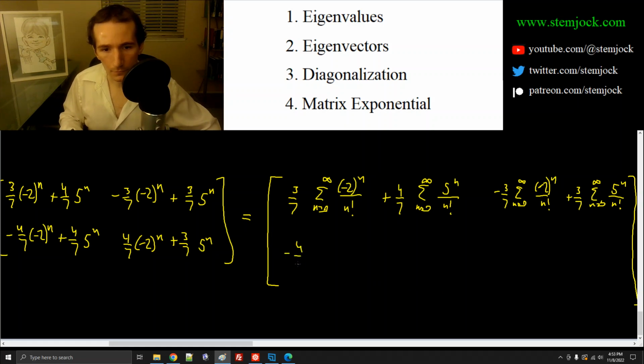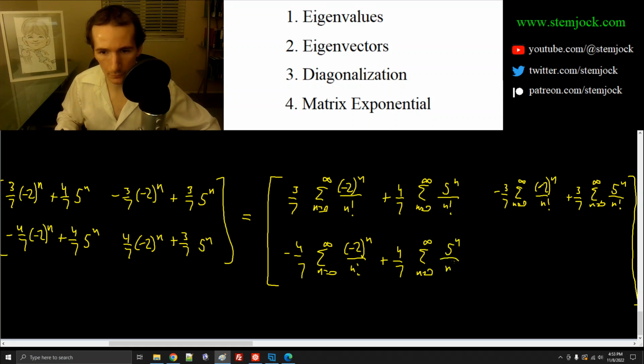For the bottom left, it's negative 4/7 sum, negative 2 to the power of n over n factorial plus 4/7 sum, 5 to the power of n over n factorial.